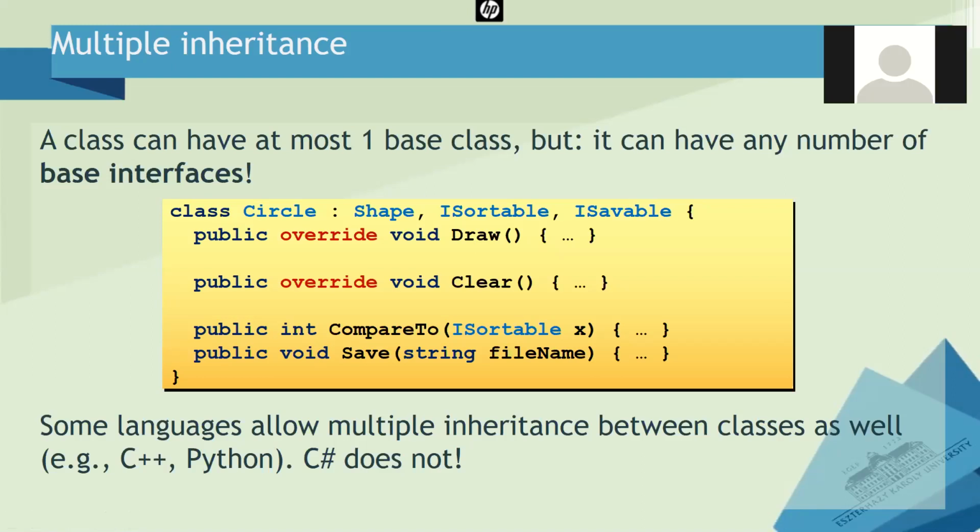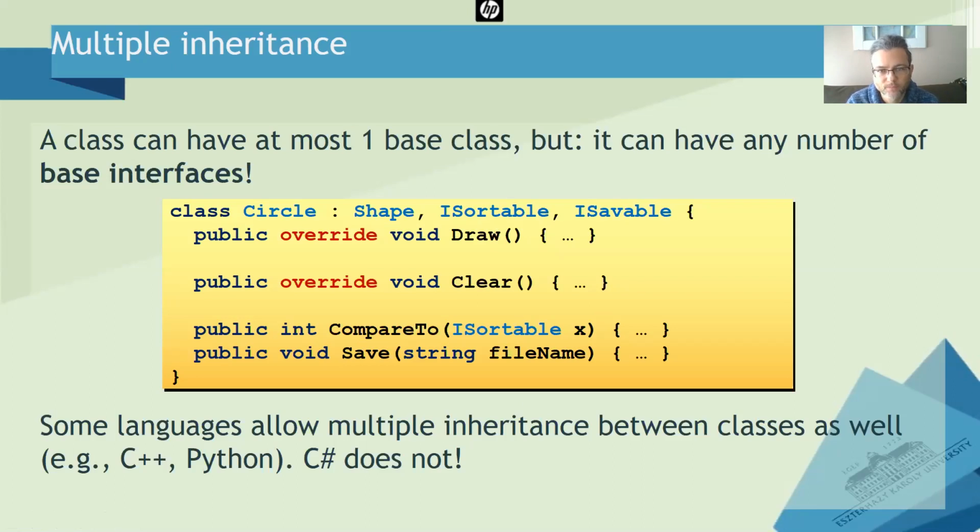I guess the other 2 don't have it because they are interfaces. Exactly, exactly. These other 2, the compare to method and save method, come from the interfaces. The draw and clear methods come from the shape class. Exactly. Good. More precisely, the compare to method comes from my ISortable interface, and the save method probably comes from the ISaveable interface.